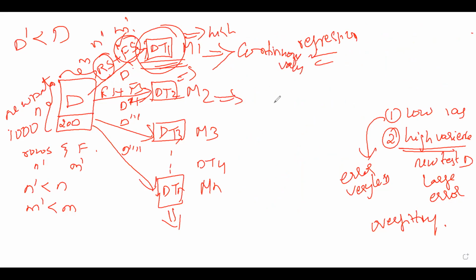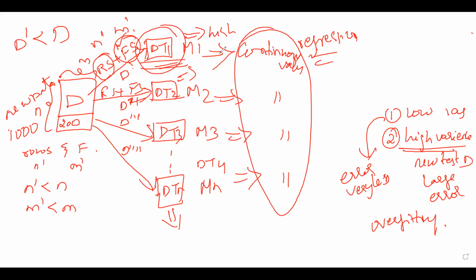Decision tree 1 gives continuous values, decision tree 2 gives continuous values, decision tree 3 will give continuous values. So in a regression problem, we either take the mean or the median of all these values. The main thing is that it takes the average of all the outputs that the decision tree models give.